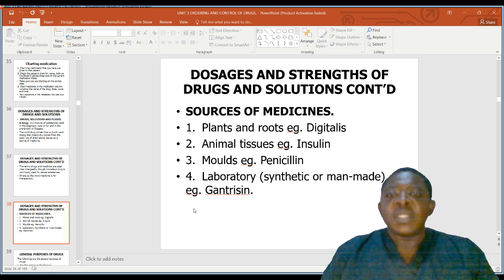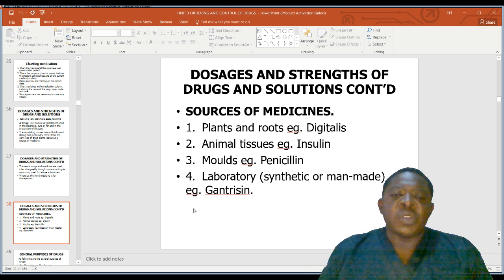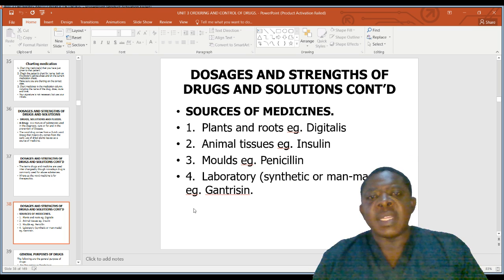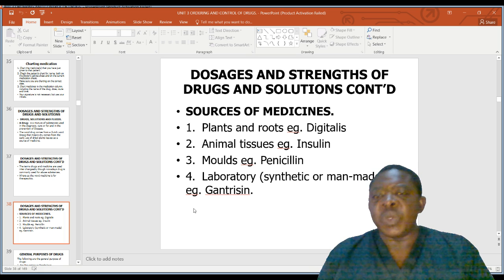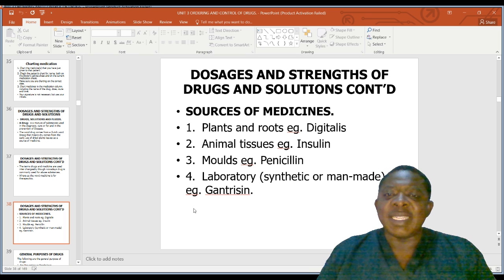Okay, sources of medicines. There are four sources of medicines that we will talk about in this lesson. They include plants and roots, for instance the drug digitalis, which comes from the foxglove plant.